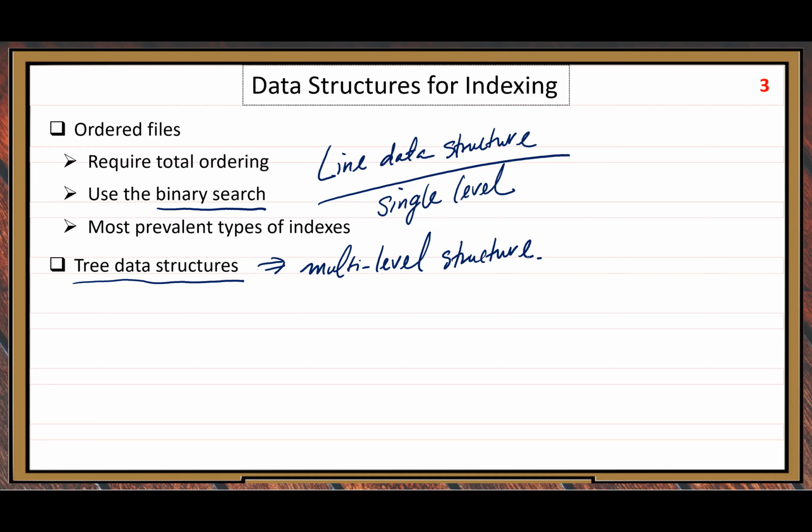Another comparison, you go to the next level, and so on. So the number of levels is the number of comparisons you need. Even with a large amount of data, you can keep the number of comparisons relatively small. That's the essence of this multi-level structure.